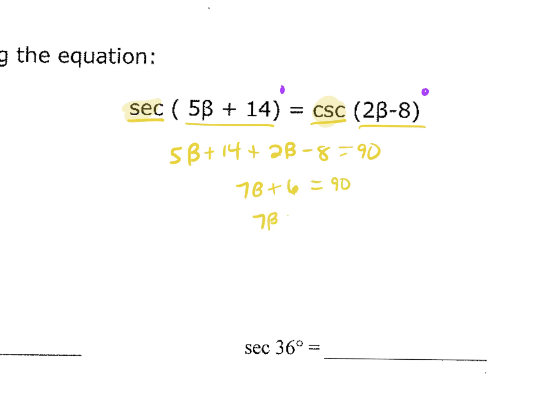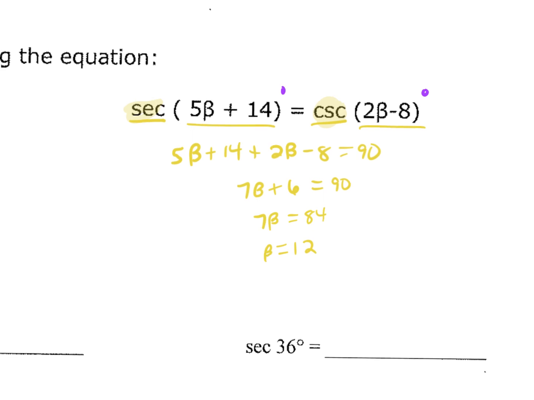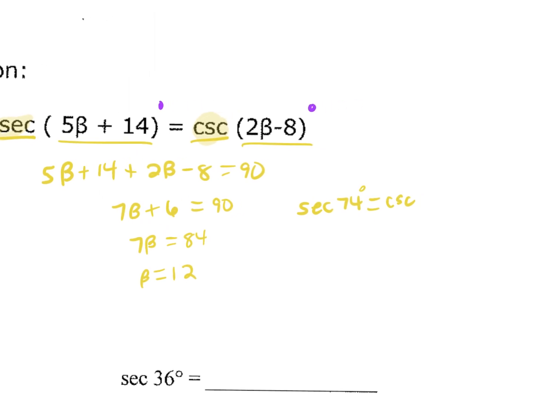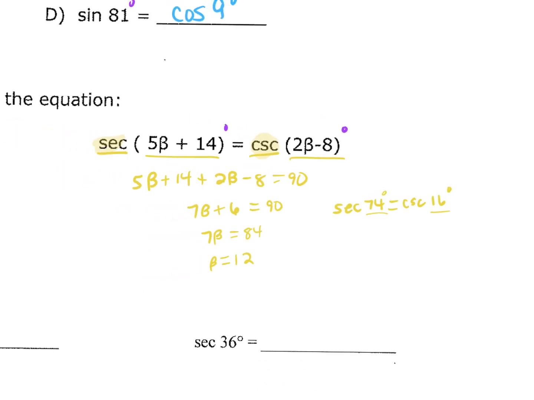So 7 beta equals 84, or beta is 12. So that's if you're just finding beta, the angle measure. 12 times 5, 60. So secant of 74 degrees is equal to the cosecant of 24 minus 8, which is 16 degrees. Do these add to 90? Yes. So that's a nice way to check, right?